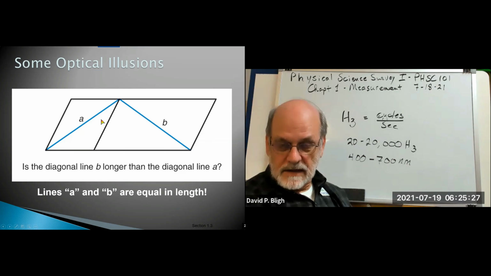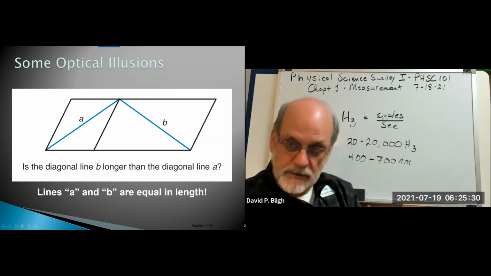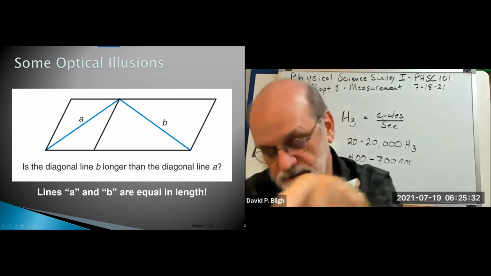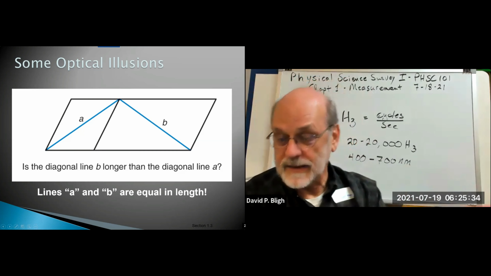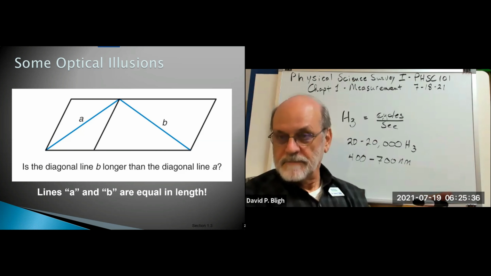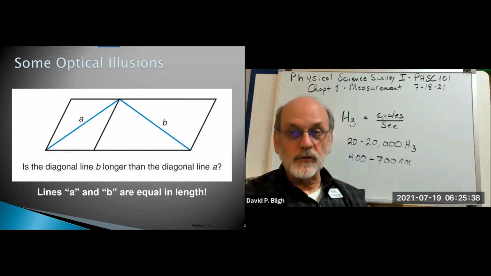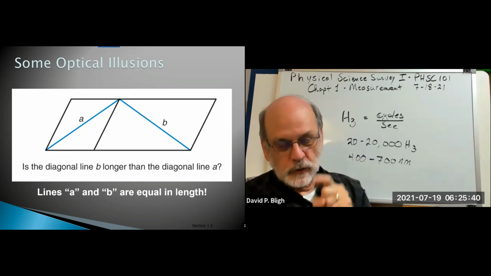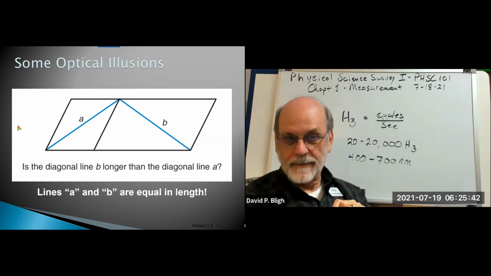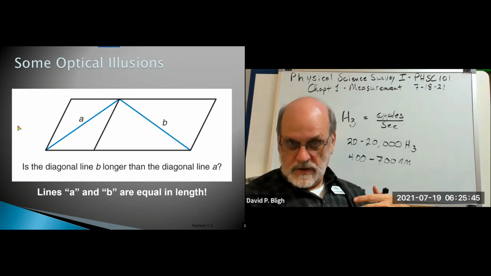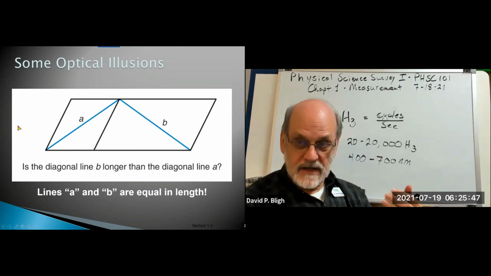If you take a ruler and put it up to your screen and measure the length of A and length of B, you'll find that they're exactly the same length. But the measuring device is not fooled. Your eyes are fooled. So sometimes what you think you see is not really what you see.